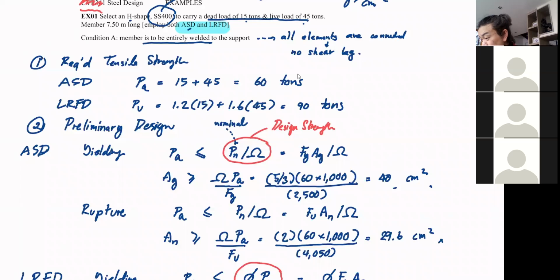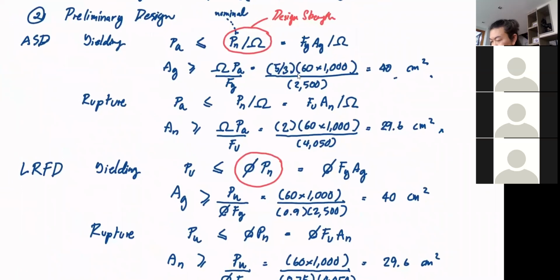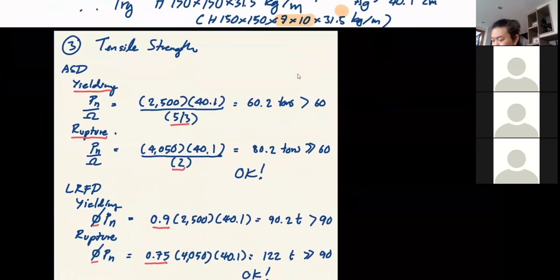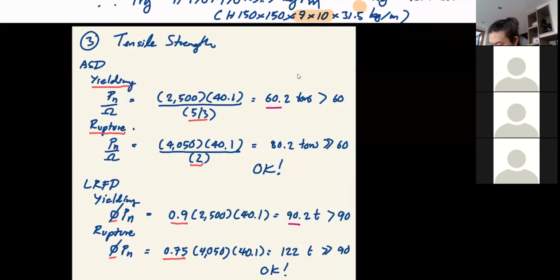And notice this: the area is the same, but when you calculate the strength, that is also 1.5 times different.